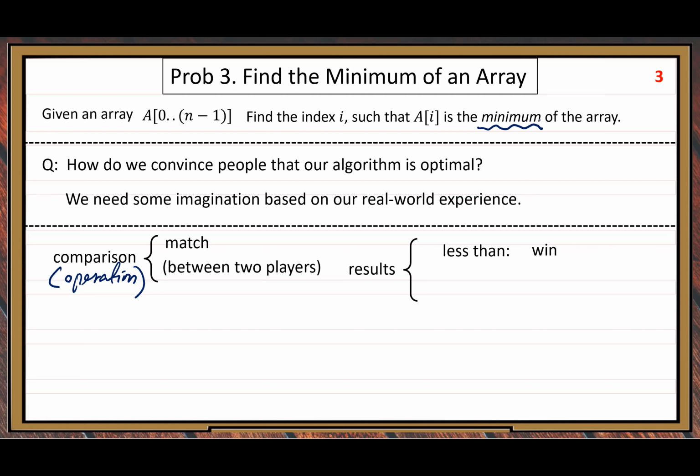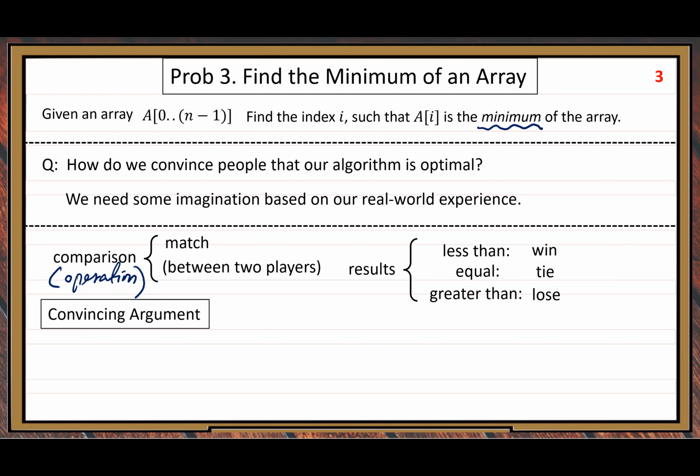That is the relationship we want to establish here. Equal is a tie. Greater than is a loss. With this connection, we can understand our arguments using our real life experience.